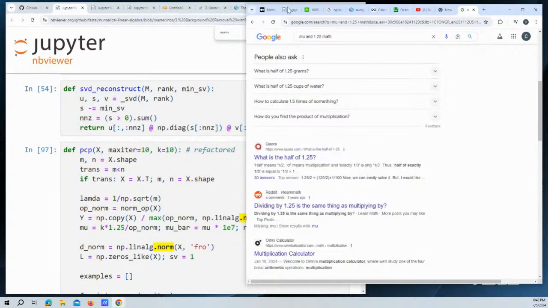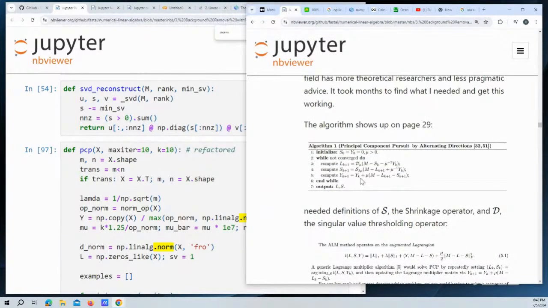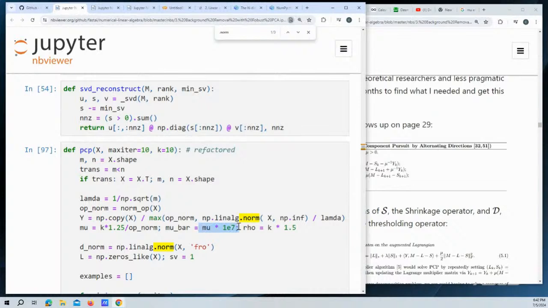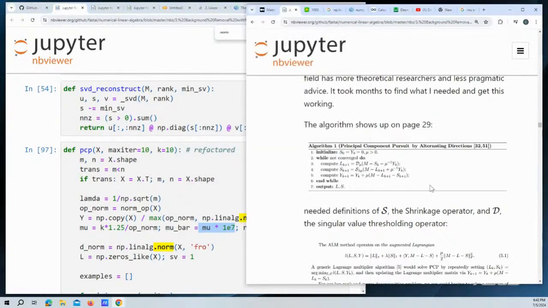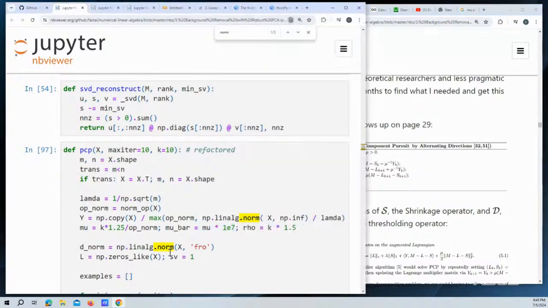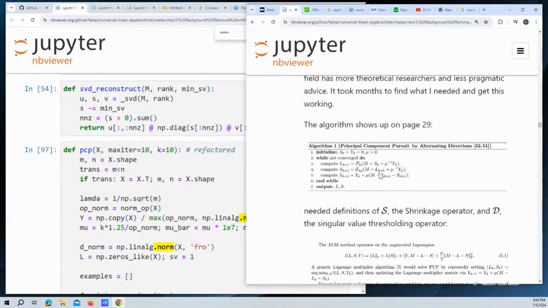Actually, let me look at the formula again. So mu times 1.25. So this mu to the negative 1 might need to be what I need to be searching for first. This is mu. This is mu to the negative 1. Mu bar, I guess, is this mu to the negative 1. Rho is k times 1.5. But what is rho?